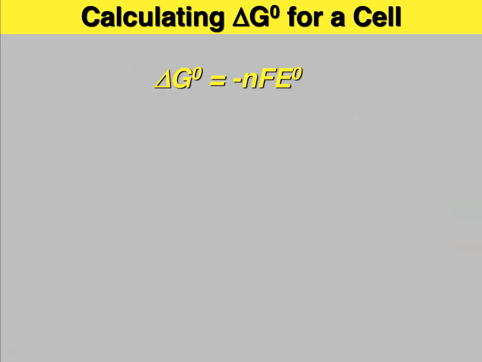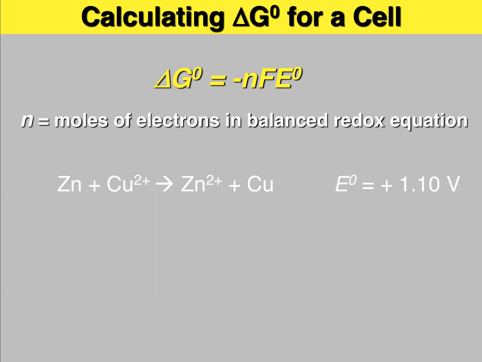Okay, so let's look at delta G and E naught, or cell potential, just to see what's going on. Here's our copper zinc reaction from last time. We know its cell potential is 1.10 volts. n is the number of electrons in the balanced redox equation, so you can balance a reaction and see how many electrons are involved.